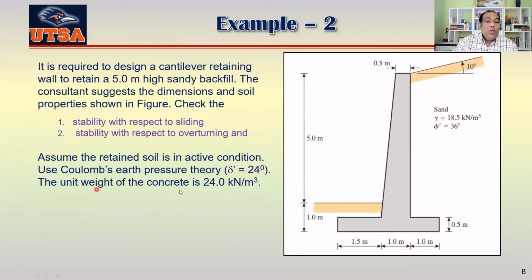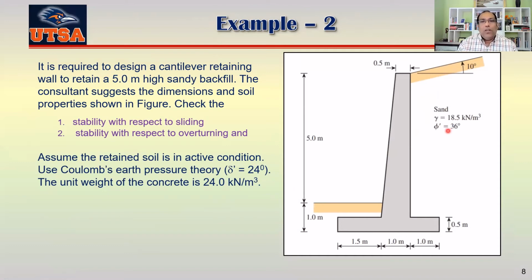The unit weight of the concrete is 24.0 kilonewton per meter cube. So they asked us to do this in Coulomb's method, and we are going to do that. You always have to remember that if the soil is not sand, then you cannot use Coulomb's method.